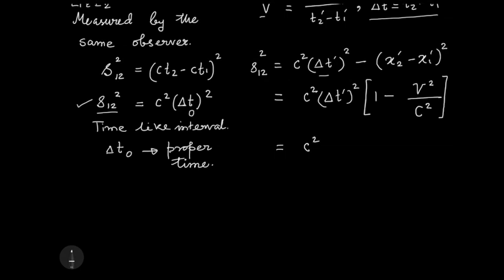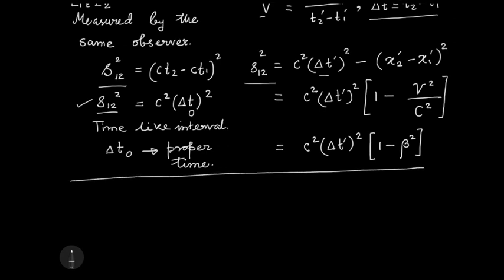So this is c square delta t prime square into 1 minus v square by c square, which, remember, is 1 minus beta square. So what do I get? This and this are the same. The interval doesn't change.